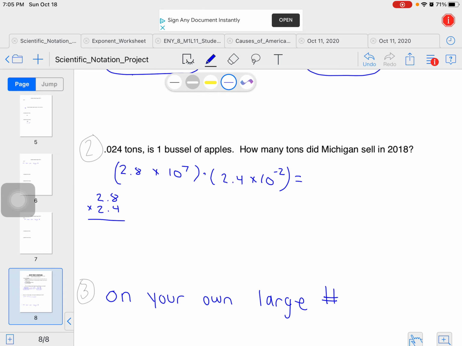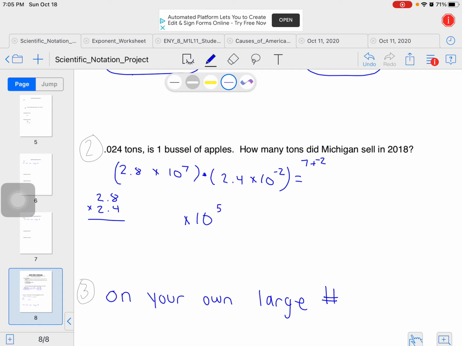And so I will have that problem. And then for the exponents, I know that my answer is going to have 10 to the, and with multiplying, the rule is this exponent plus the other exponent. So 7 plus a negative 2 is 5.